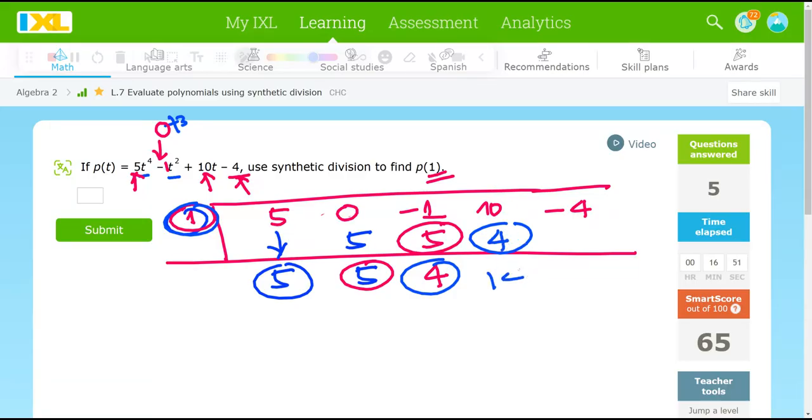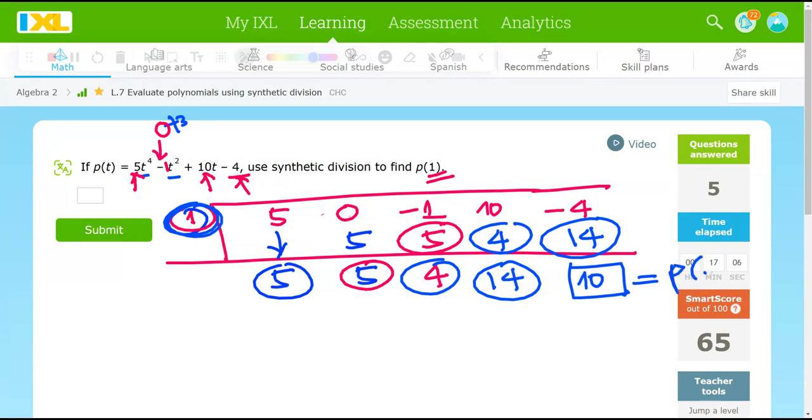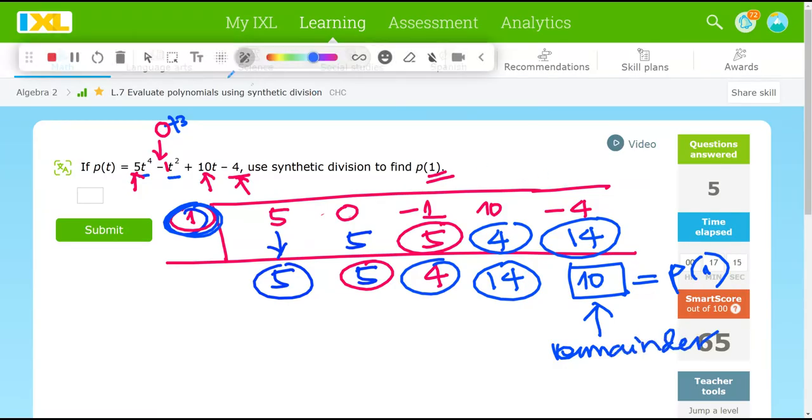Add together equals 14. Okay. Next number right here, I take number 1, I multiply with 14, so I put 14 right here. Negative 4 added with 14 is positive 10. Okay. So this is equal to p of 1. And number 10 right here we call the remainder. Remainder. Okay. So the answer is number 10.